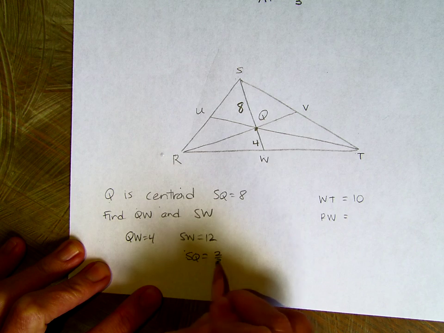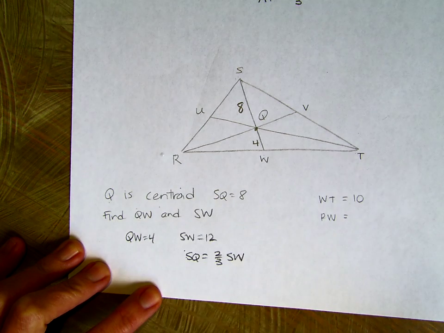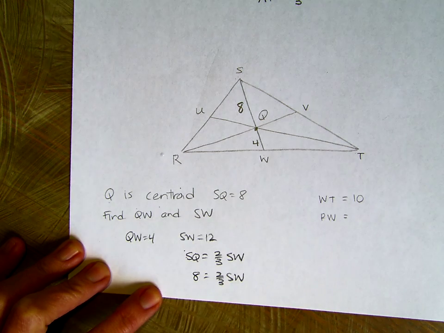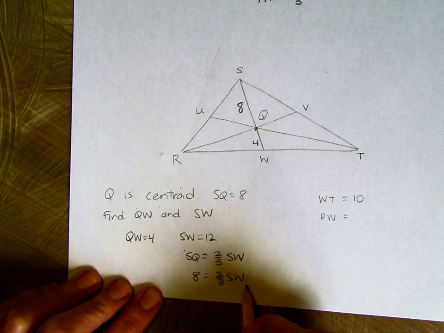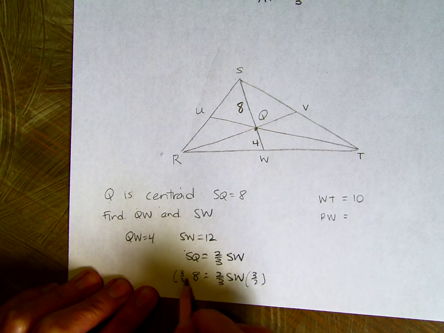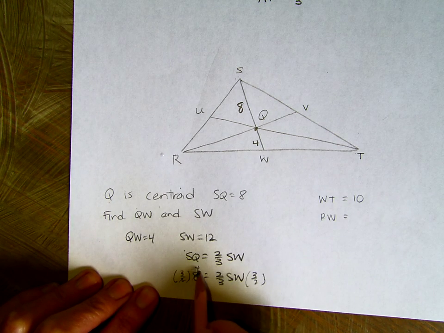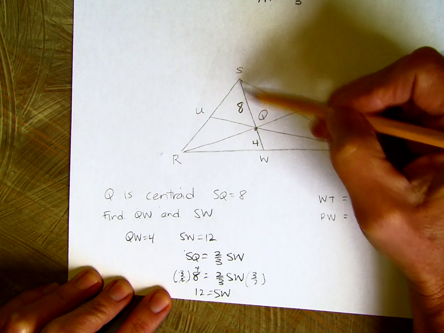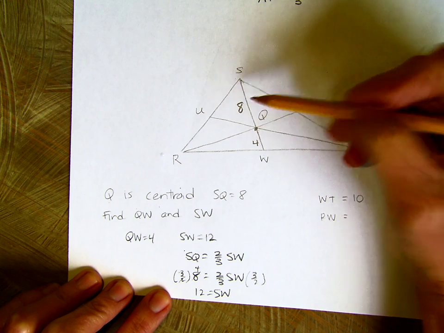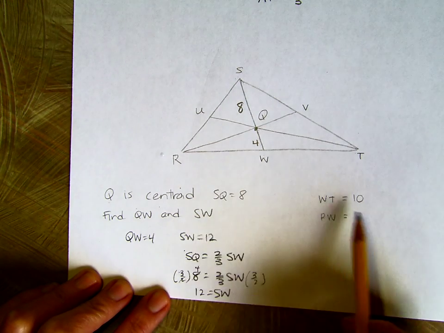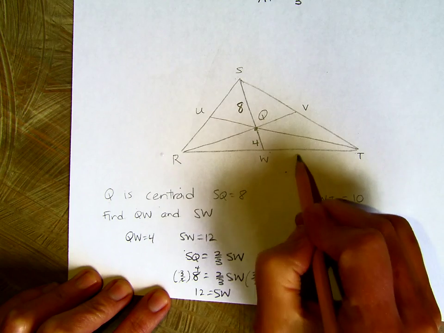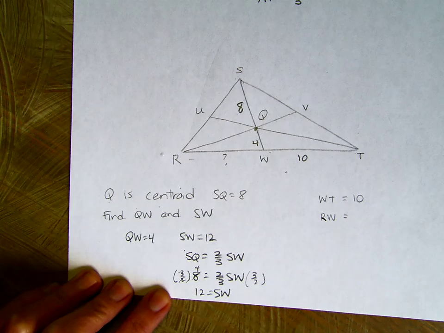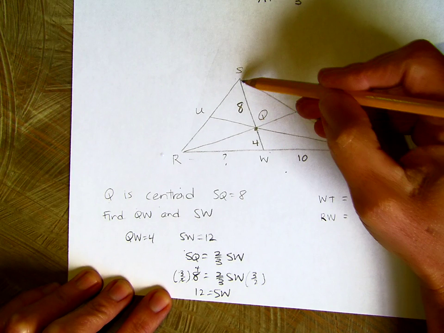If I had said Q is 2/3 SW, then 8 is 2/3 SW, and I would multiply both sides by 3/2. 8 divided by 2 is 4, times 3 is 12, SW. But it's way easier to just label that 8, know that that's half of that, and then add them together. If WT is 10, how big is RW?